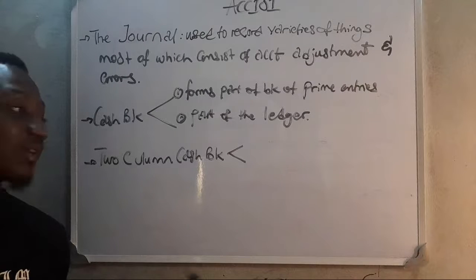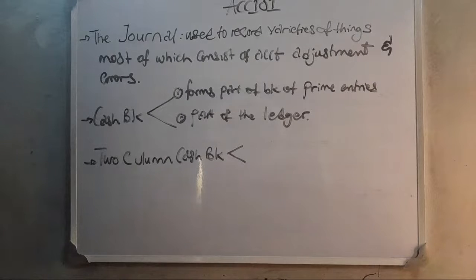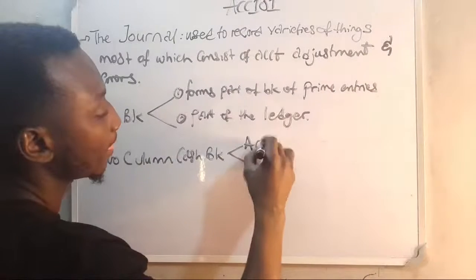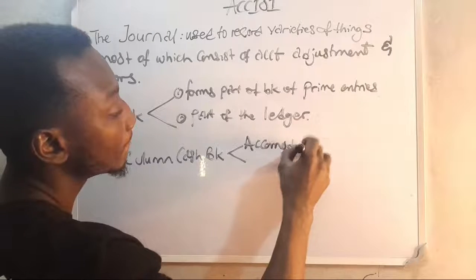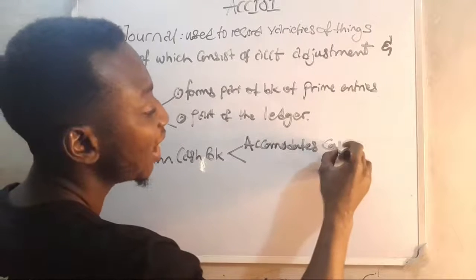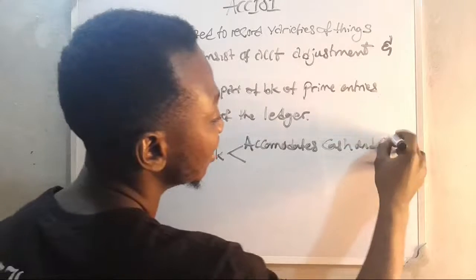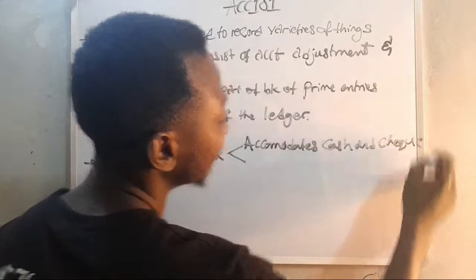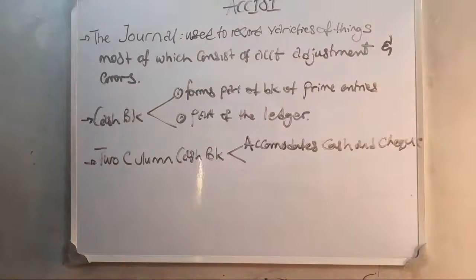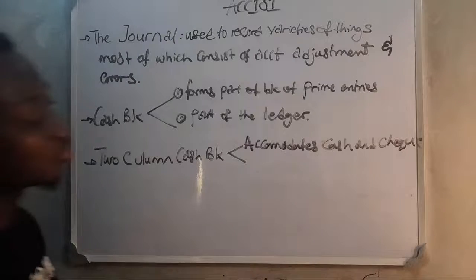Cash at bank, there's nothing like that on a single column cash book. So we accommodate cash and check, which is bank, as against the single column cash book.